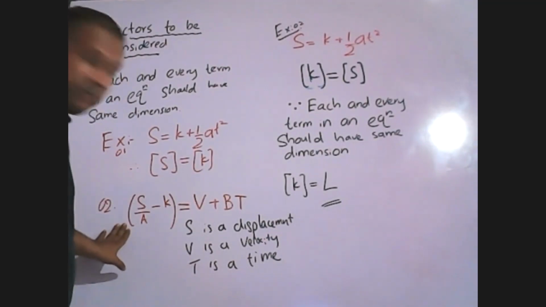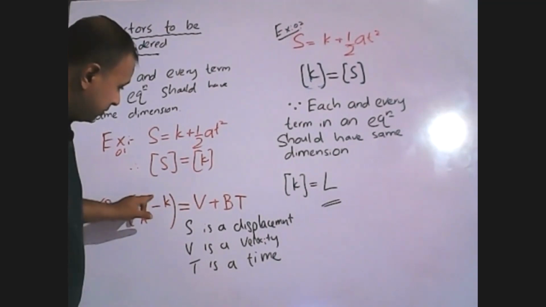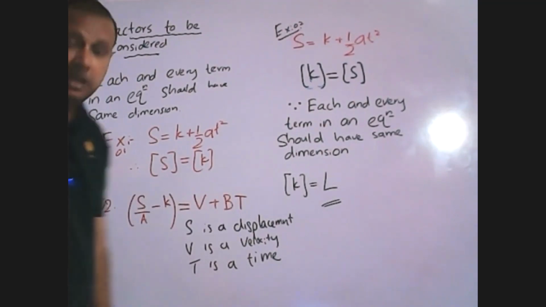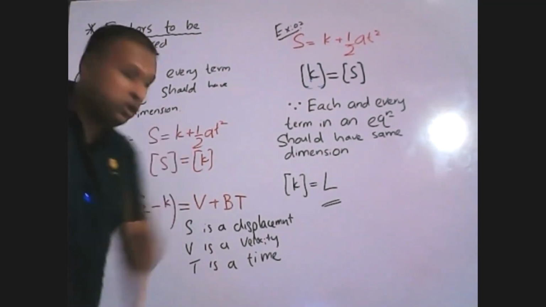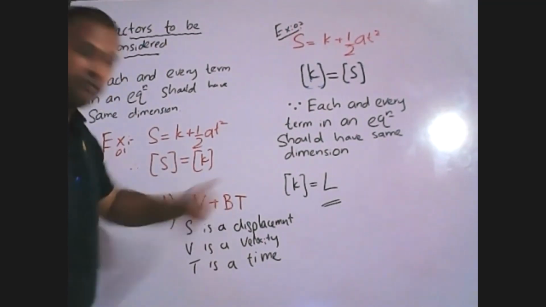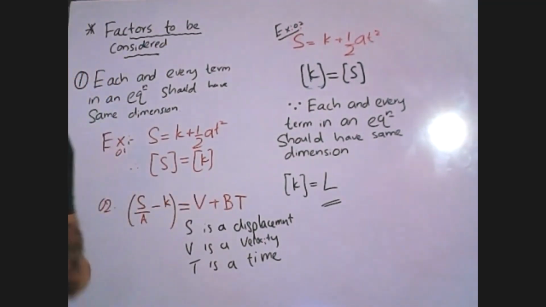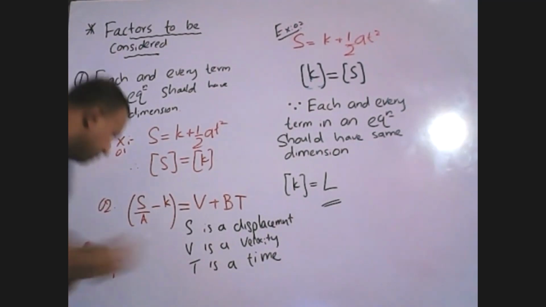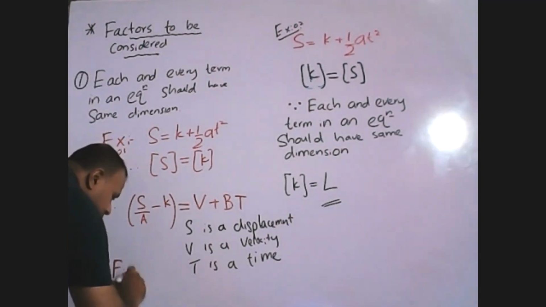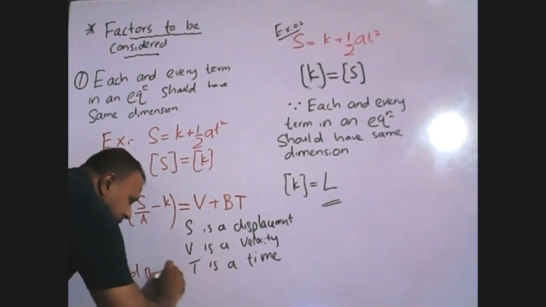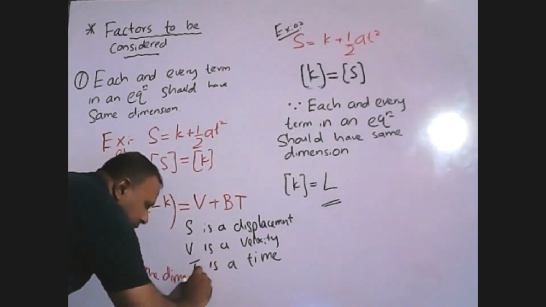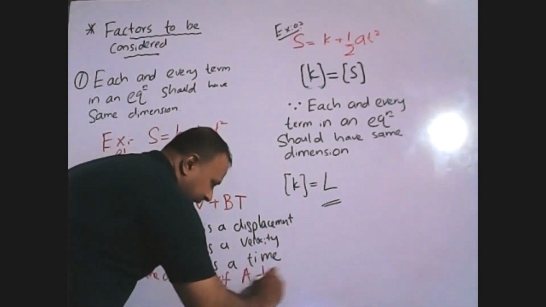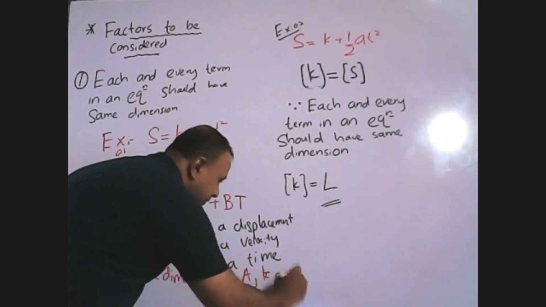In this equation, S is a displacement, V is a velocity, T is a time. We are asked to find the dimensions of A, K, and B.